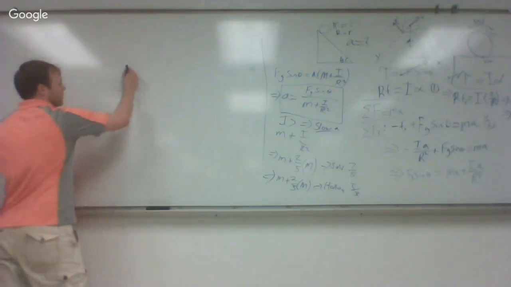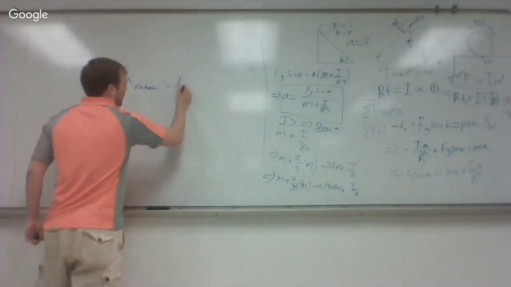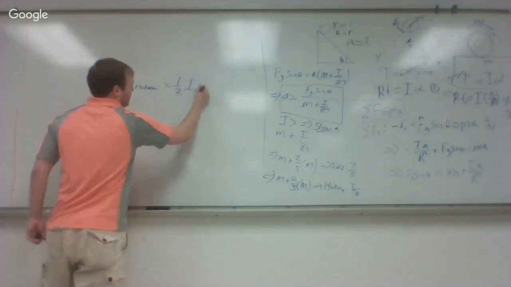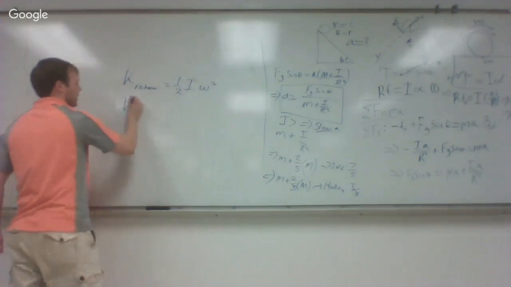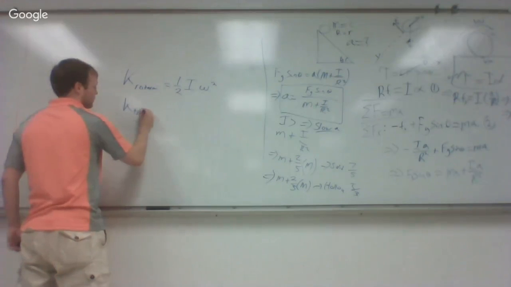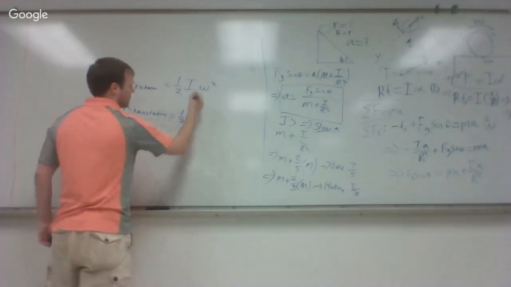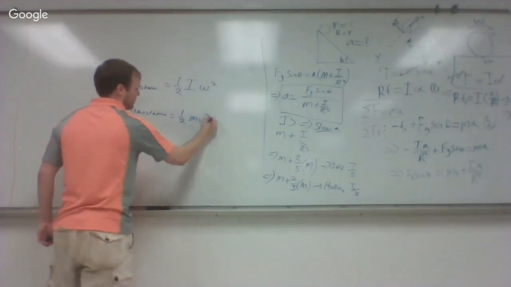So if you have rotation, the rotational energy equals 1/2 I omega squared, and the translational is 1/2 m v squared, right?